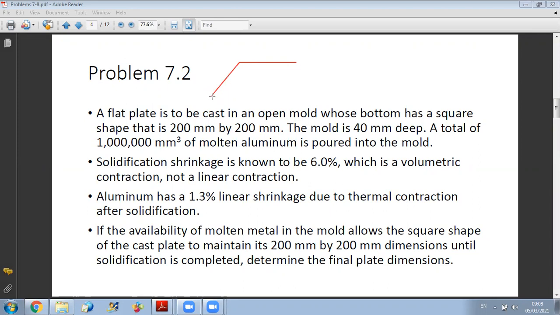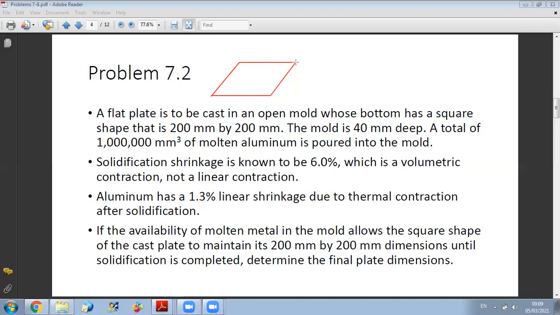We have first the liquid shrinkage phase, which is related to density increase and also formation of solid at the wall. This will cause a certain shrinkage during the first step. And after complete solidification, we have another shrinking phase.